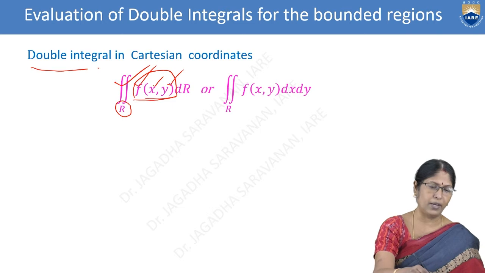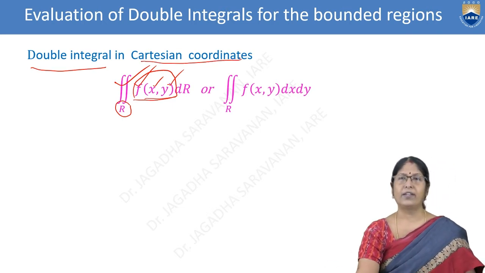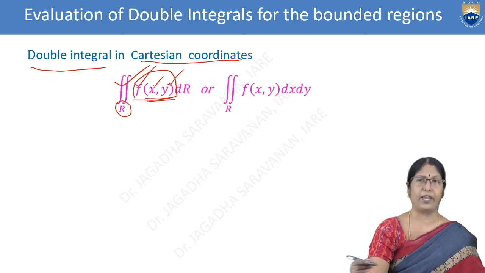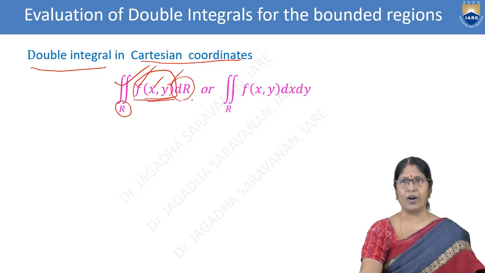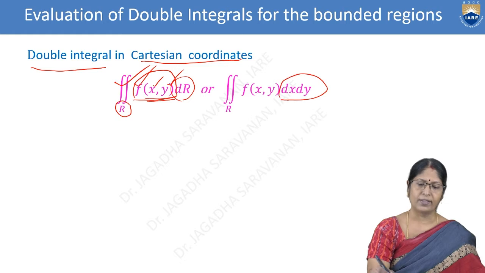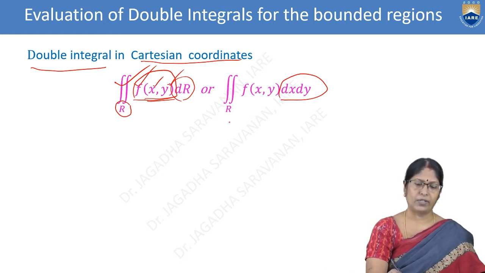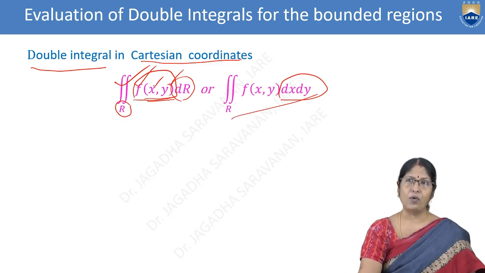The Cartesian coordinate, that is the x-axis and y-axis, is defined in the xy plane. The total region we are going to find is in two dimensions, that is dx and dy. So the double integral formula is nothing but f of xy into dx dy.